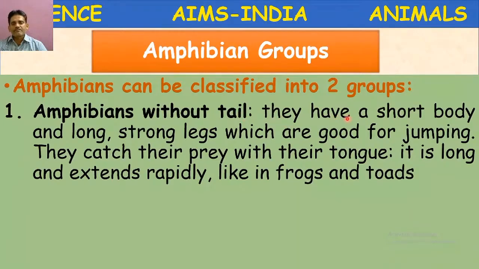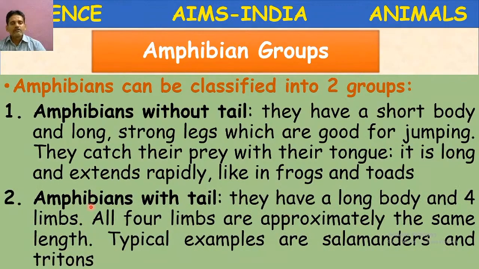These amphibians have a short body and long, strong legs which are good for jumping. They catch their prey with their tongue. It is long and extends rapidly like in frogs and toads. So first type of amphibians, amphibians without a tail. Example, frogs and toads.